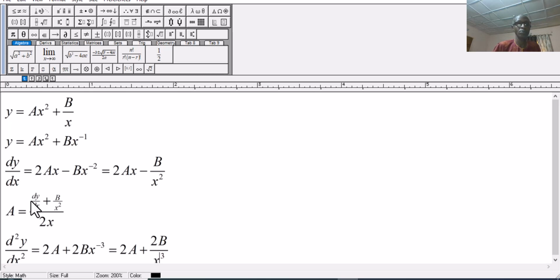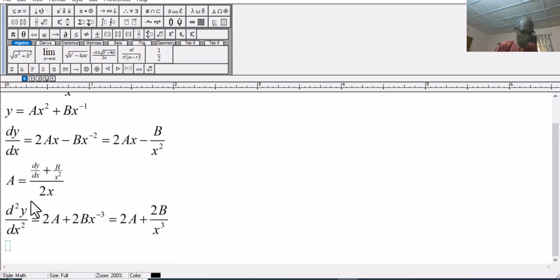Then we go to our b. So make b the subject of the formula.